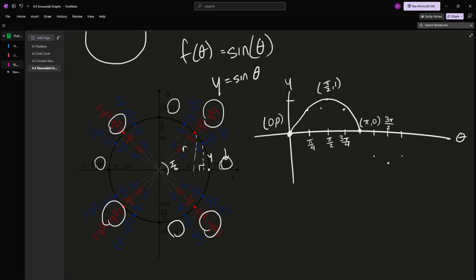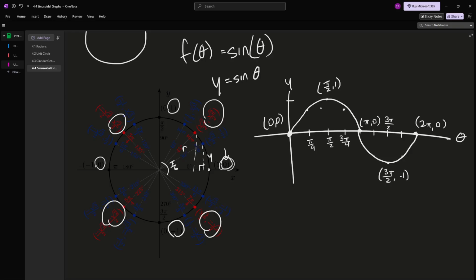And back at 2 pi, I'm back at 0. So this is 3 pi over 2, negative 1, and 2 pi, 0. I don't go straight down, I actually start curving the other way. And we have two nice curves.